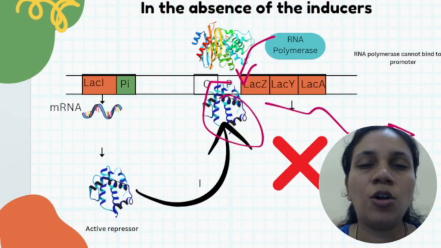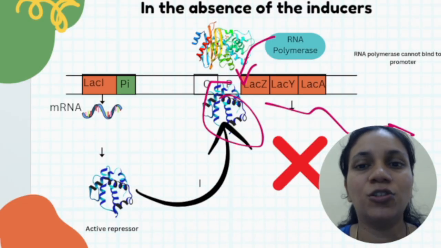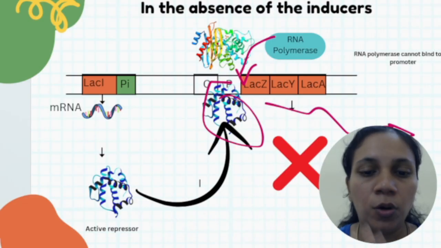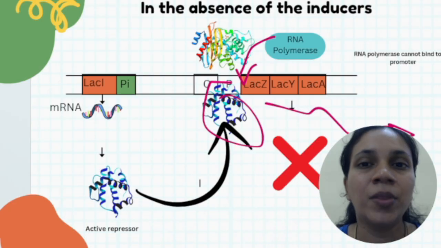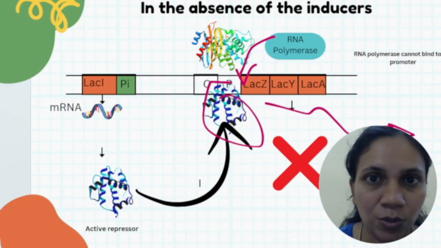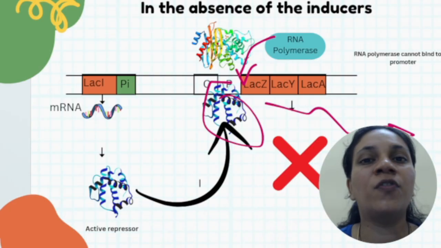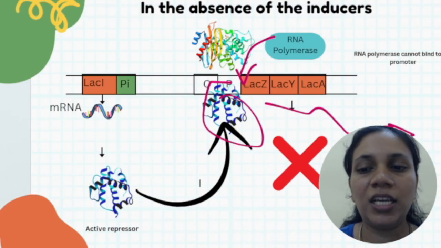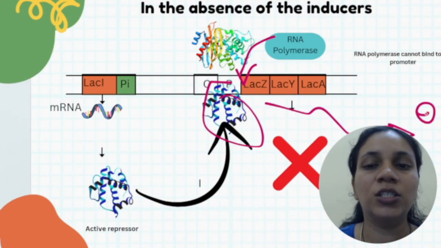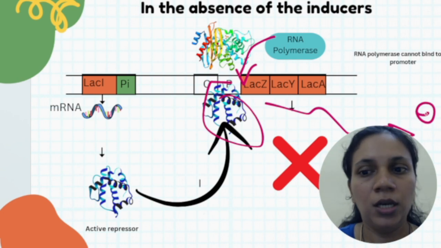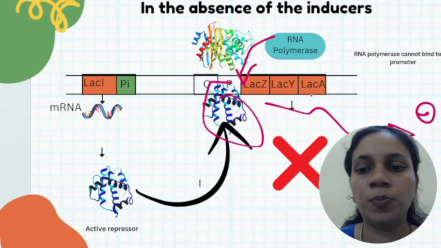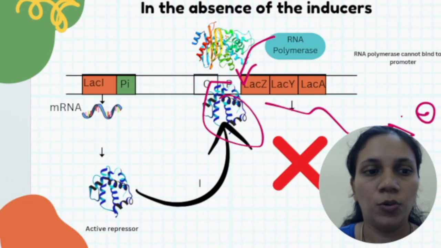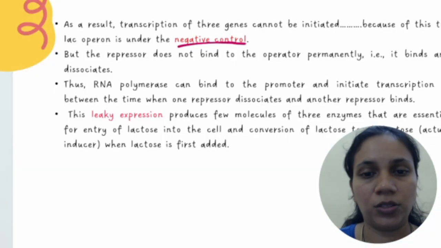So in this cycle of on and off binding and dissociation of the repressor to the operator, RNA polymerase takes advantage and starts transcription. In this way, very small quantities of the products of the structural genes are being formed. This is one way it operates.